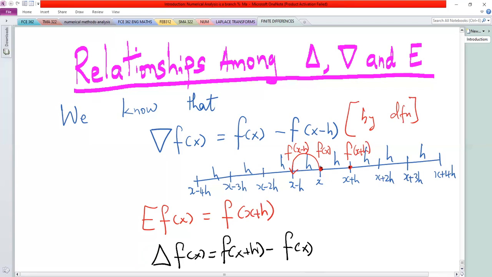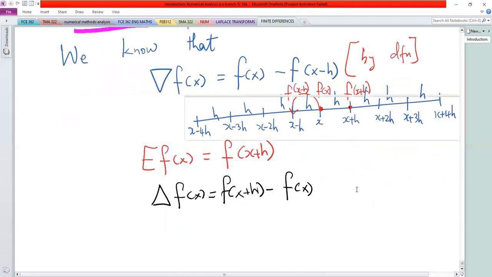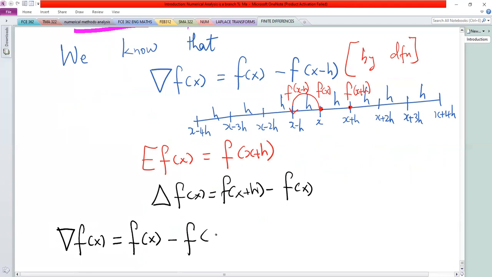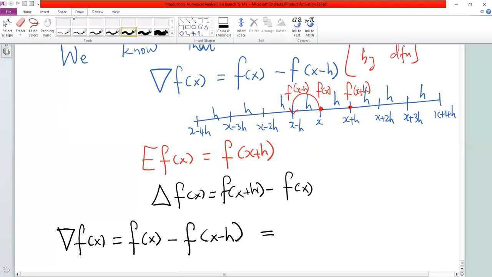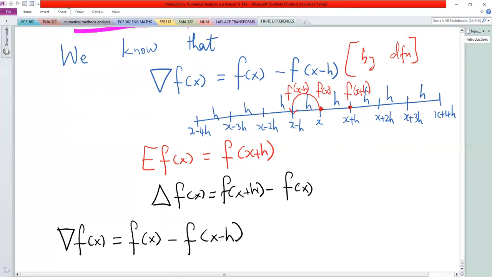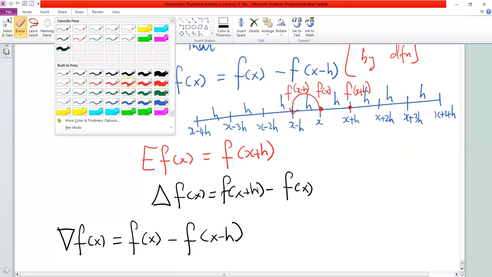Now, with these definitions, we can say that the backward difference of f of x, whose definition is f of x minus f of x minus h, can be interpreted as follows.